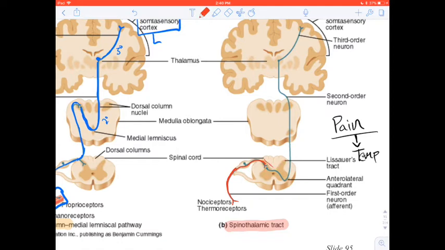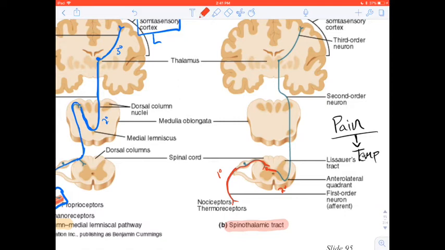But this is where the story kind of diverges, as instead of going straight up, our first order neuron is actually going to go ahead and synapse with a second order. So now my second order neuron begins in the dorsal horn of the spinal cord and is going to cross over.